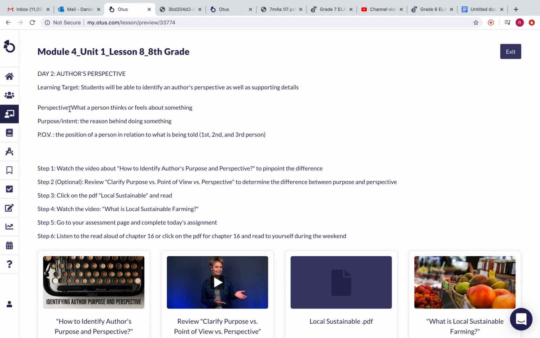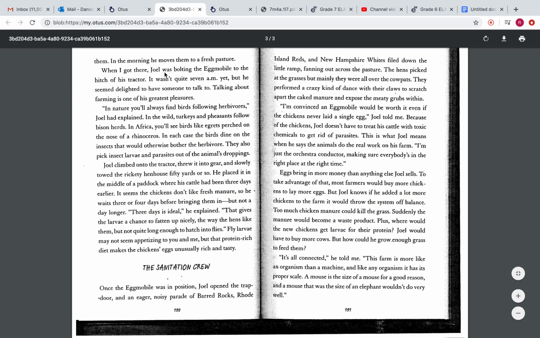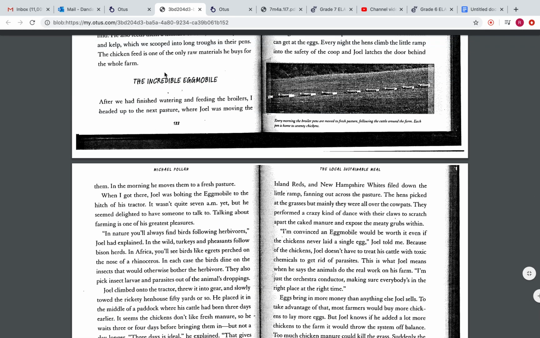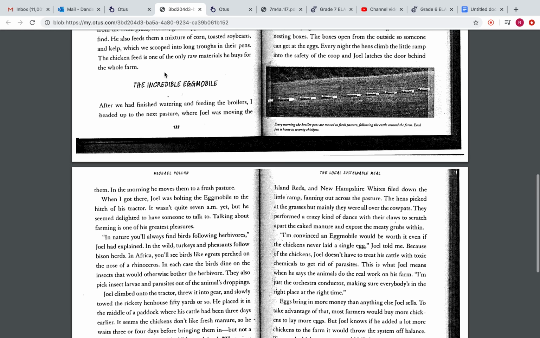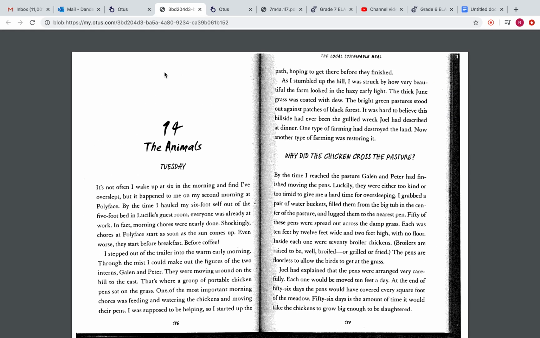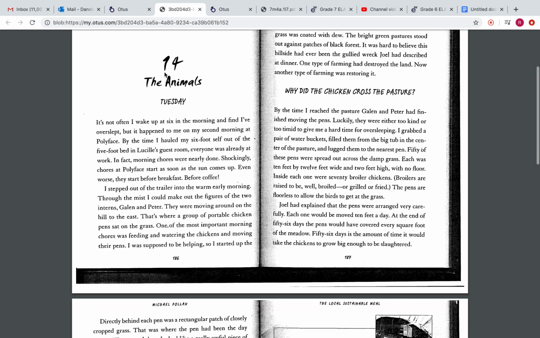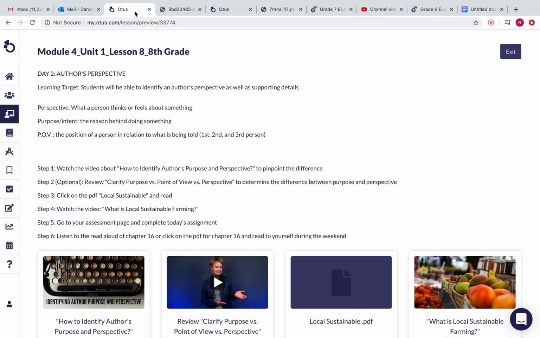And we're gonna see how exactly we can do that when we take a look at this text on the local sustainable meal from the same book that we've been reading, The Omnivore's Dilemma. We're gonna evaluate the author's perspective in that.